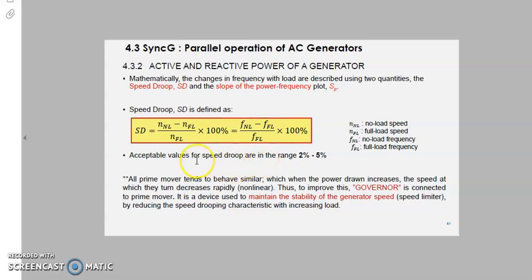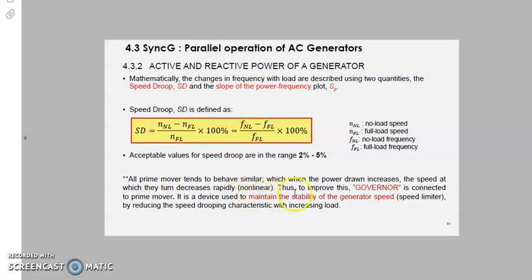The speed drop is usually in the range of 2 to 5%. This is considered an acceptable performance of your synchronous generator, 2 to 5%, like your induction machine, also around 5%. And all prime movers tend to behave similarly: when the power drawn from the system increases, the speed will decrease.